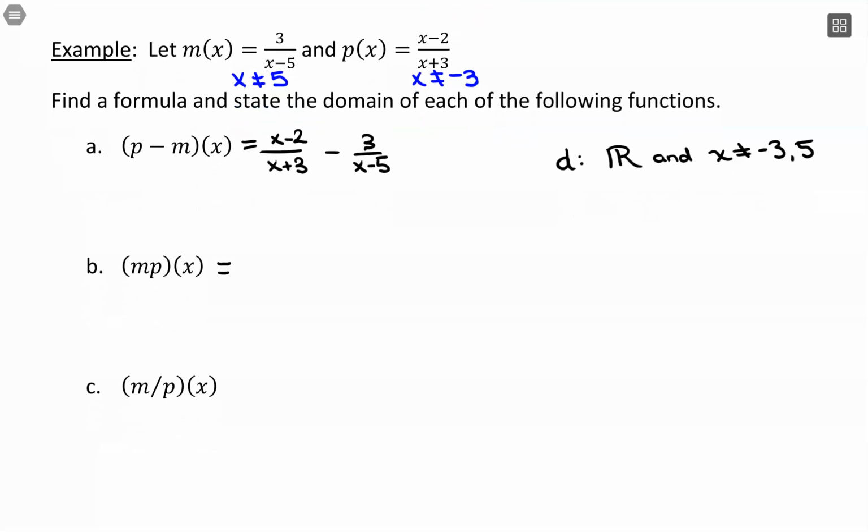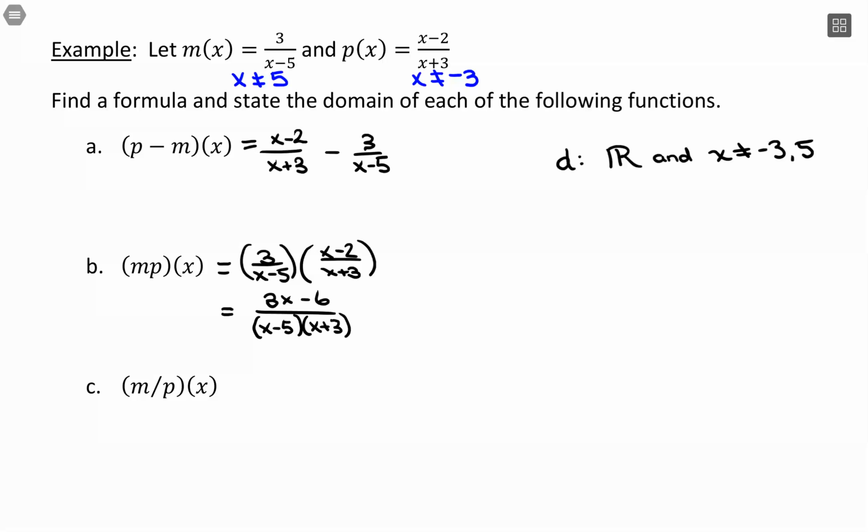Multiplying the functions together, we would have 3 over x minus 5 times x minus 2 over x plus 3. So in the numerator, we'd have this multiplication. I'll go ahead and distribute the 3 through, so 3x minus 6 over, and then I'll leave these separated as x minus 5 times x plus 3.